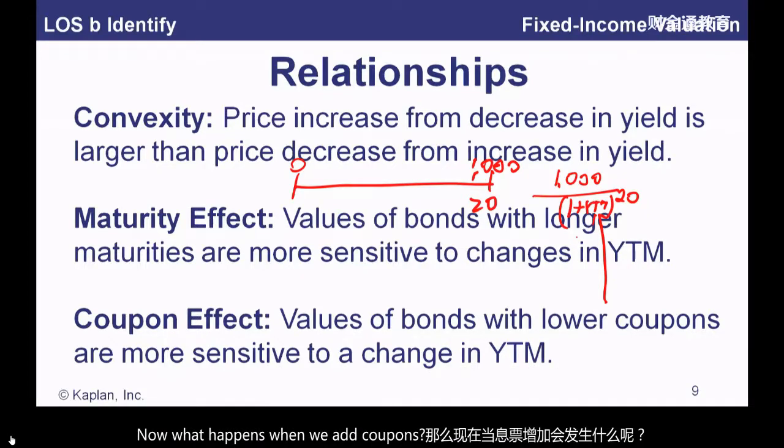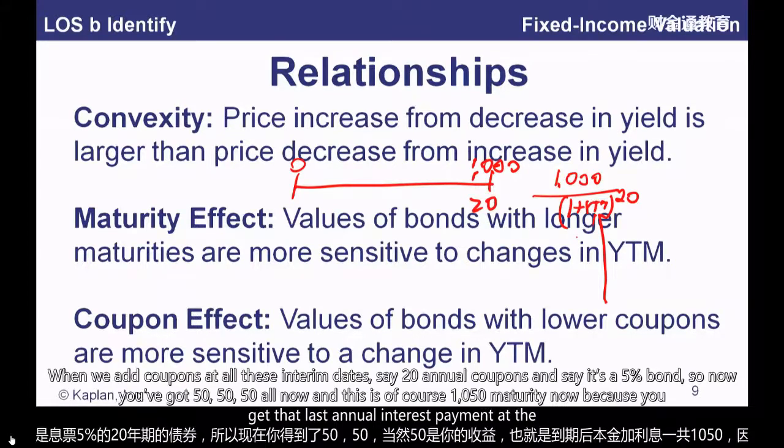Now, what happens when we add coupons? Well, when we add coupons at all of these interim dates, say 20 annual coupons, and say it's a 5% bond, so now you've got 50, 50, 50 on out, and this is, of course, 1,050 at maturity now, because you get that last annual interest payment at the end.